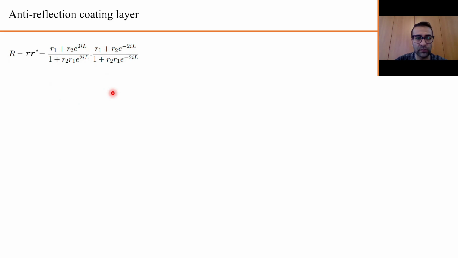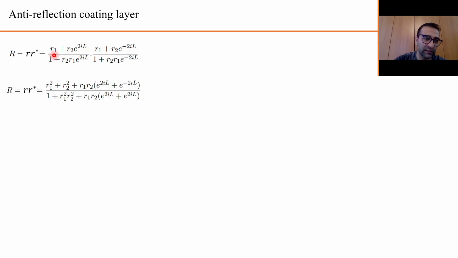Same for the denominator, and if you calculate this multiplication, we will have r1 squared plus r2 squared plus r1 r2 exponential of 2iL, right, and r2 r1 exponential of minus 2iL. Same for the denominator.